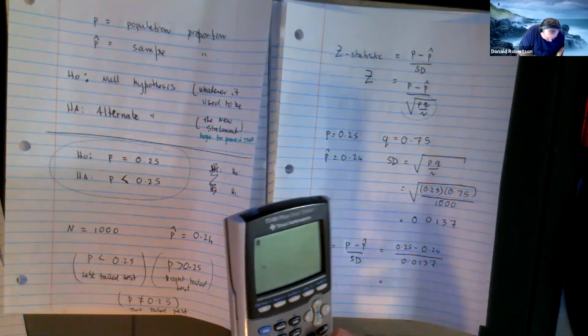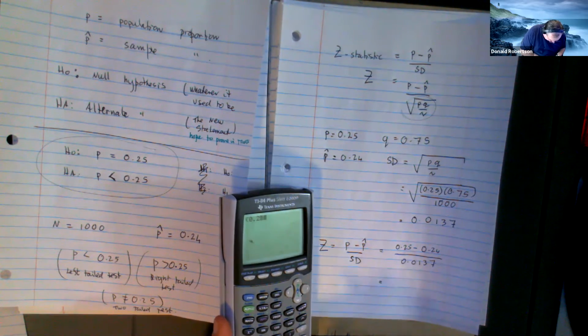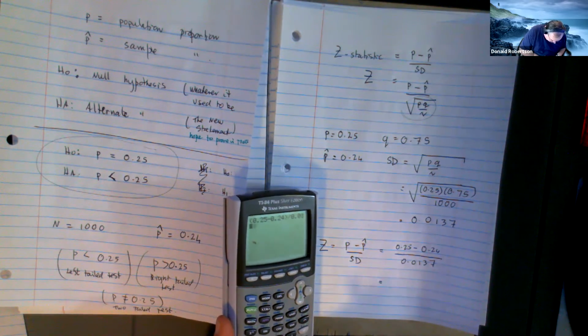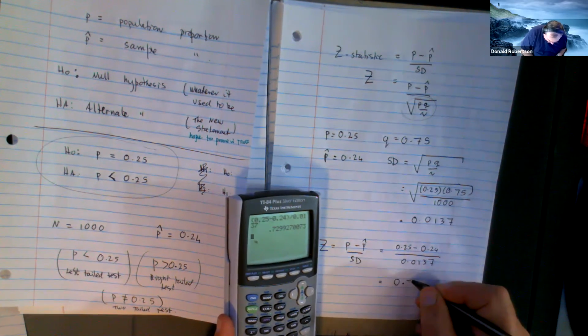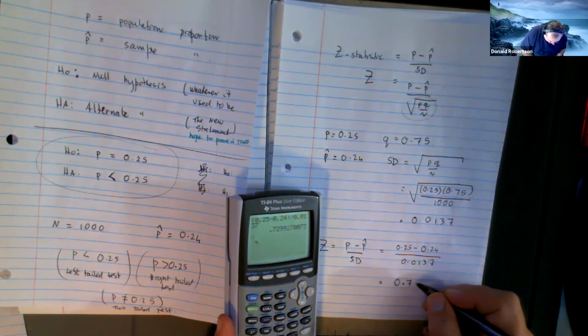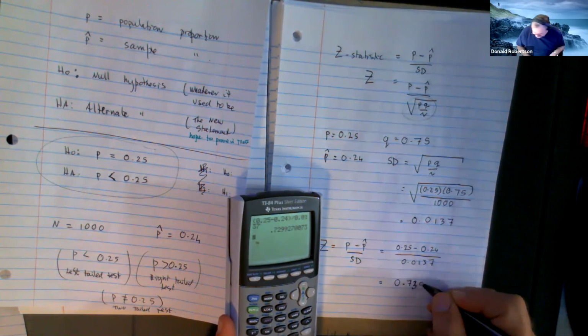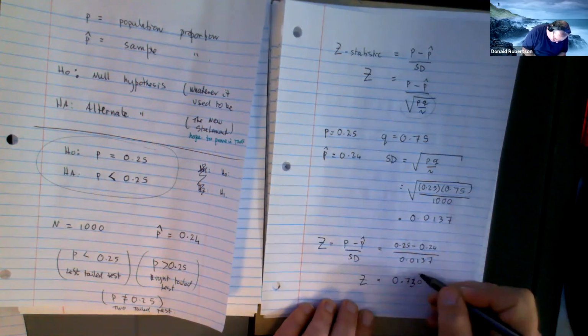And when I do this in my calculator, I'll put a bracket around the top. That way I get the order of calculation correct. And we now have a Z score of about 0.7299. Okay, about 0.73. There we go. So there's our Z statistic.